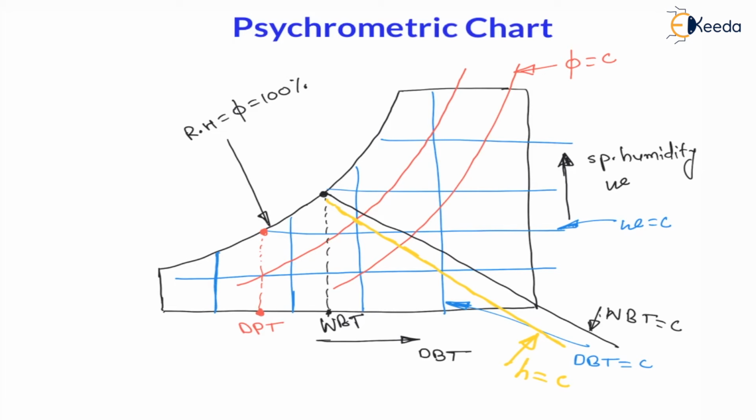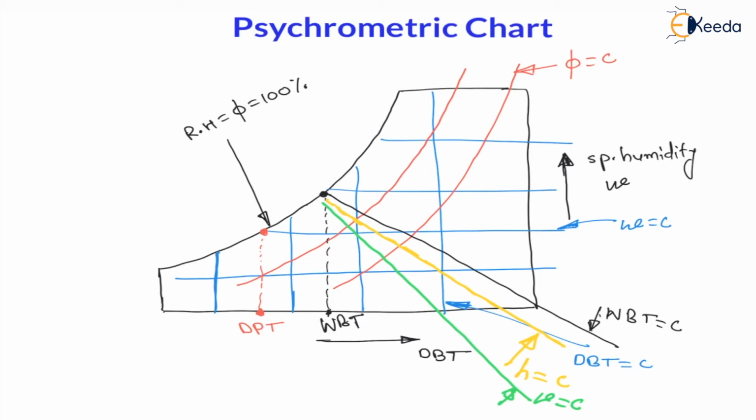Next, constant specific volume lines are also inclined lines sloping downward to the right, but the constant specific volume line will have more inclination as compared to the wet bulb temperature line and constant enthalpy line. See here like this, on this line specific volume is constant, right?